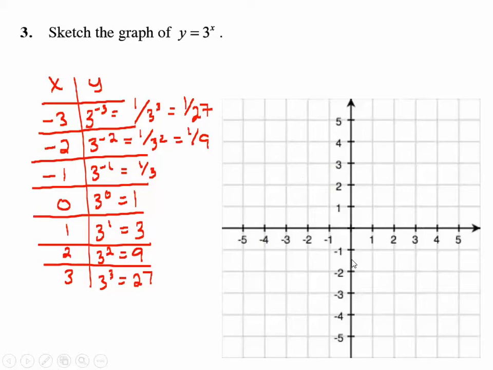Those of you with the printout from the match problems, our graph only goes out to 5 each side, so I have to work within those confines. Negative 3 maps to 1/27, so I start at 0 and go just barely up.